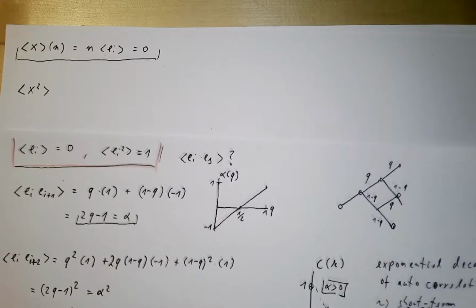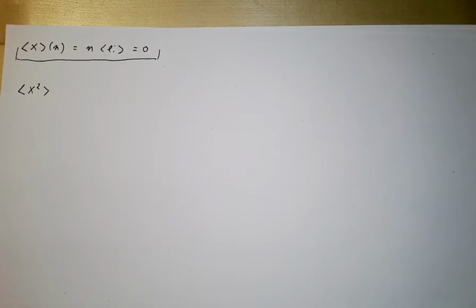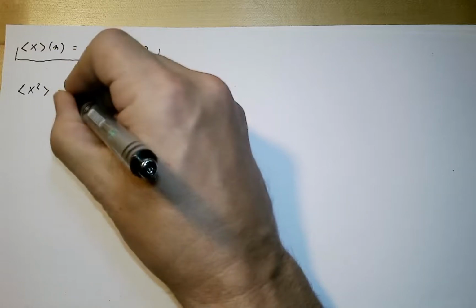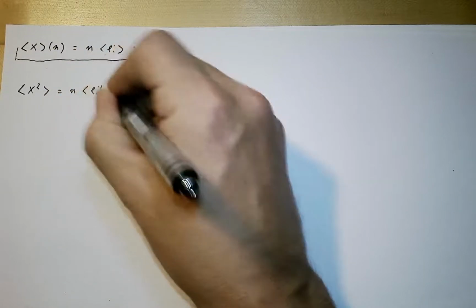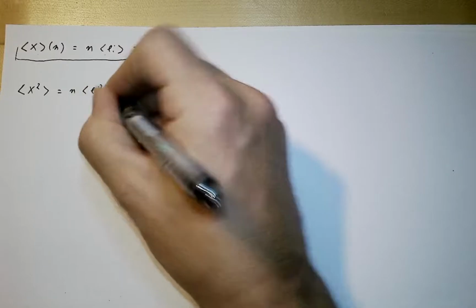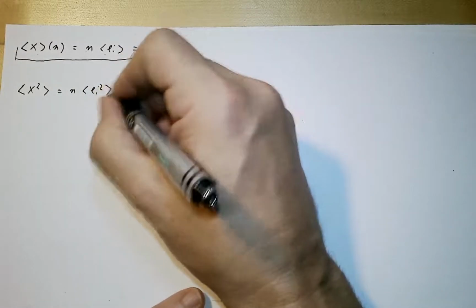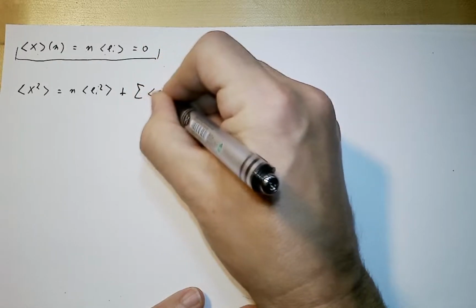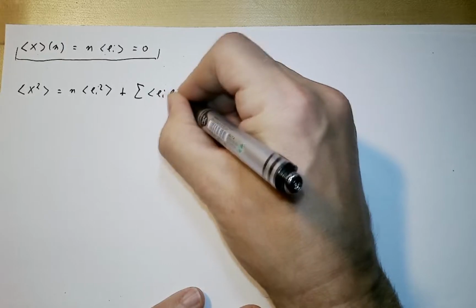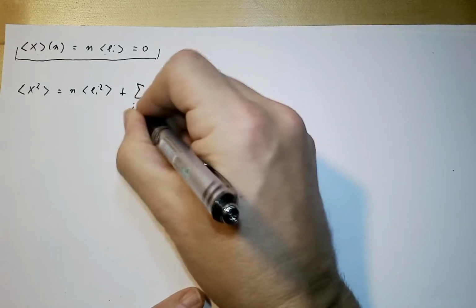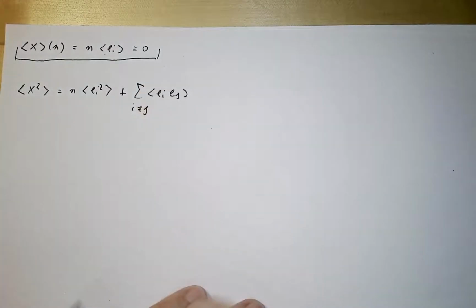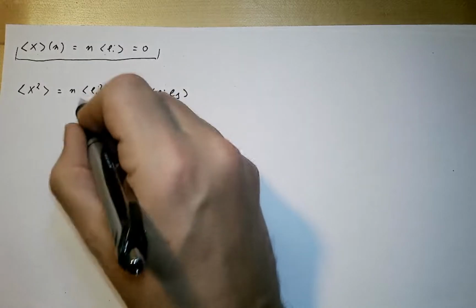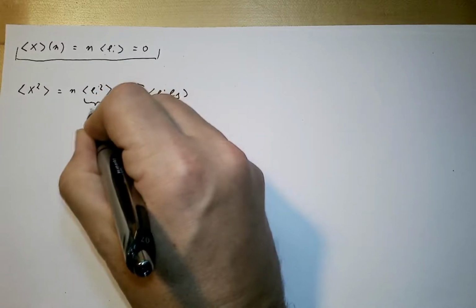So this means the second moment of the walker goes n times, so here let's write it down, the second moment of the increments plus now the sum of all increments ei times ej, where i is not equal j, and that's the correlation sum. And so this here is 1.